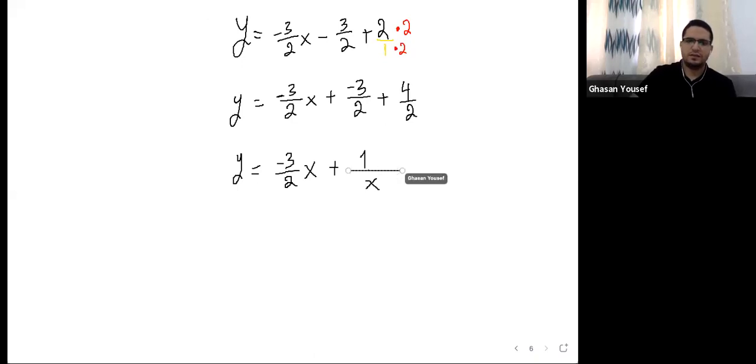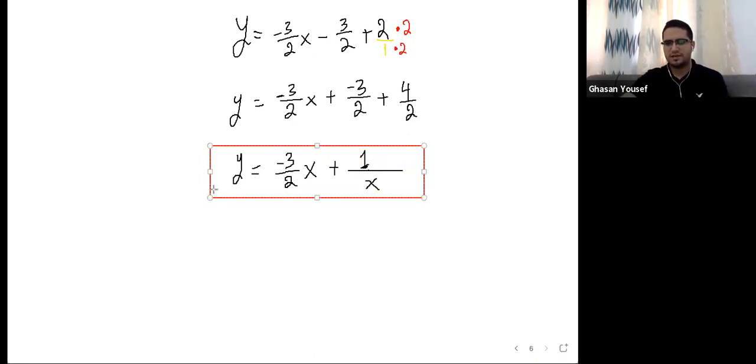Any question for this example? It is 1 over x? Yes, it is 1 over 2.